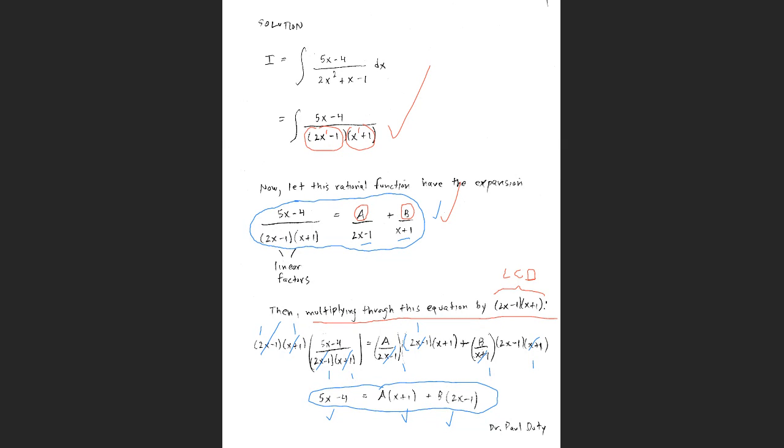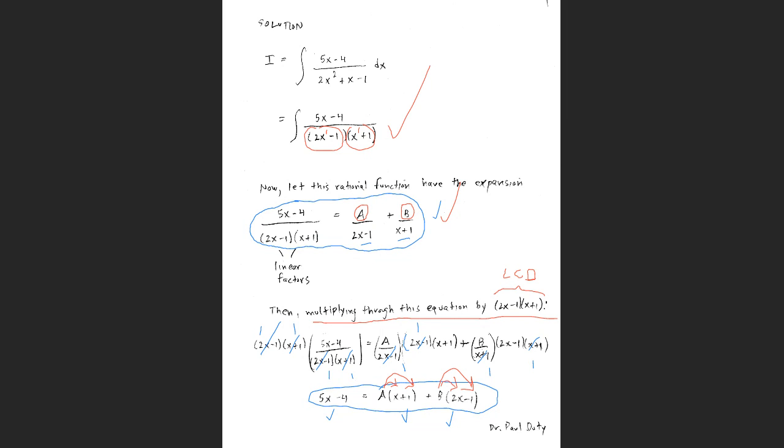All right. Well, now what we're going to do is we want to solve for A and B. We want to figure out what those constant values are. So I'm going to distribute the A through the x plus 1, and I'm going to distribute the B through the 2x minus 1.